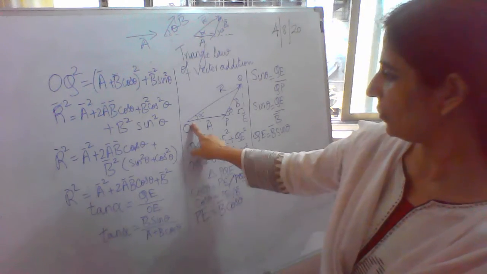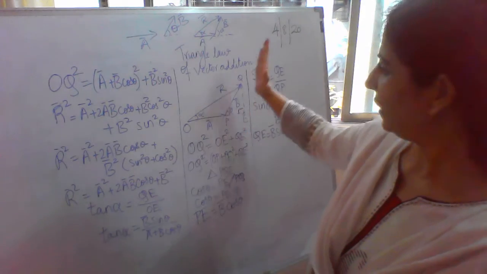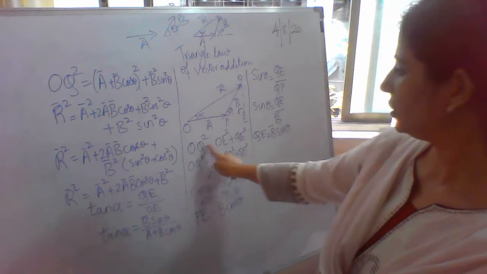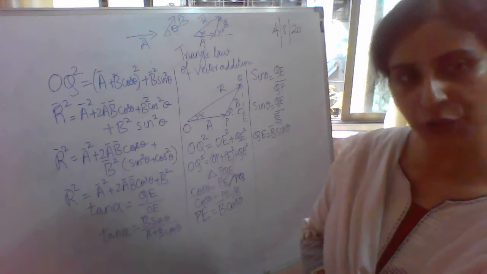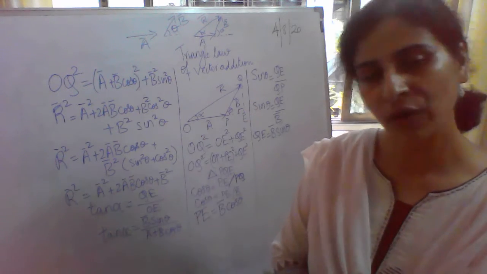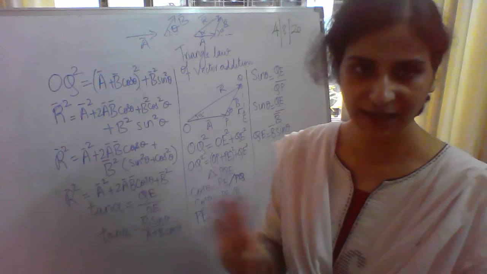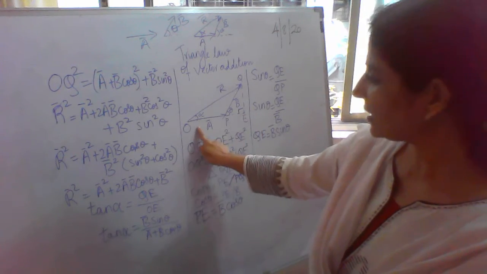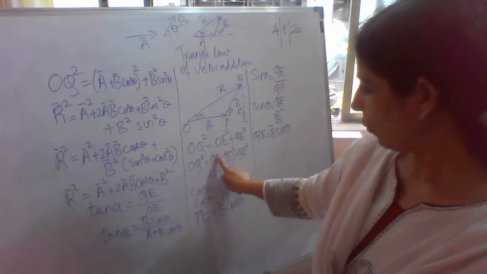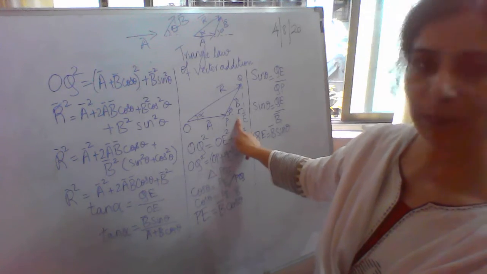Now let me substitute OE, because OE is not just vector A, it is a little extension of vector A. So this is OP plus PE.